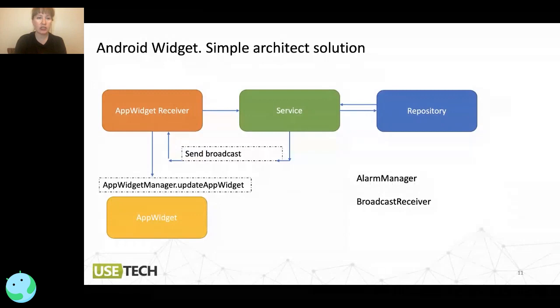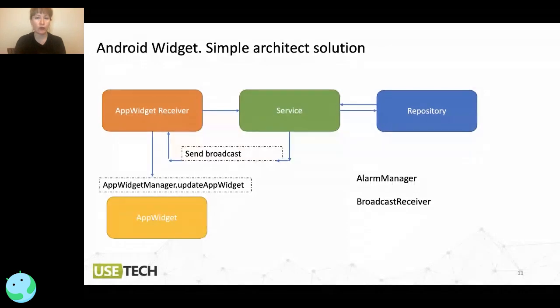So, and of course, it was not interesting to show just something simple. And to make your widget fully interesting and working with real application logic, you have to specify some kind of architecture solution. For example, if your widget has to show some information loaded from network or from some local storage, or maybe to react to the changing of time, or information of some kind of services, for example, to show the health state of your device, you also have to specify a special kind of service.